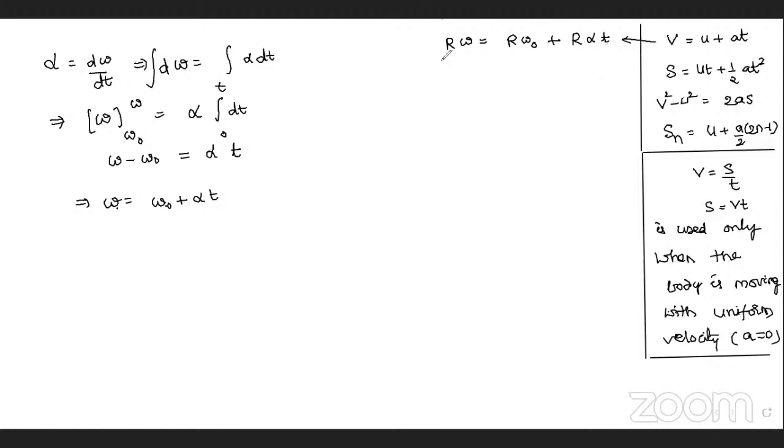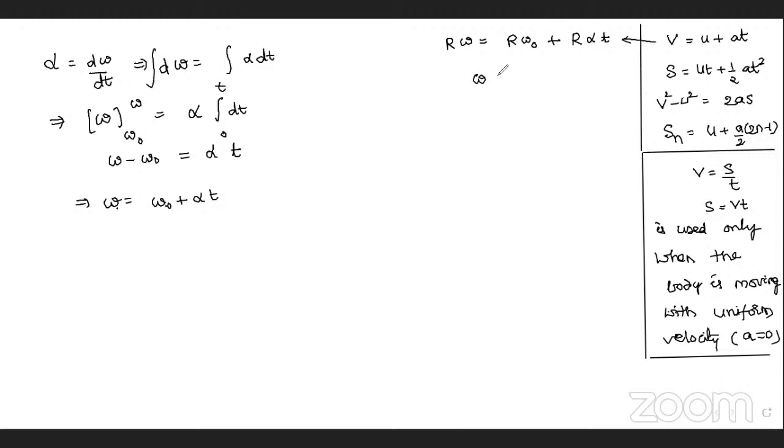Are you comfortable with this method? Yes. Then why am I writing this here? To avoid the integration. In a simple way, I get the same equation by taking R out from both and cancelling on both sides.